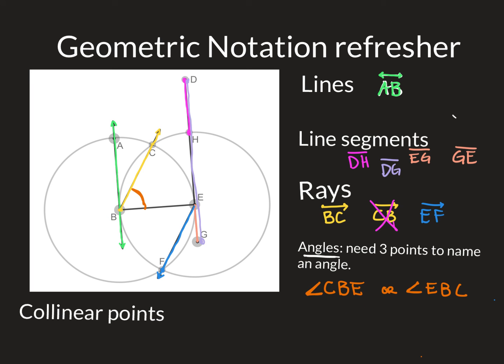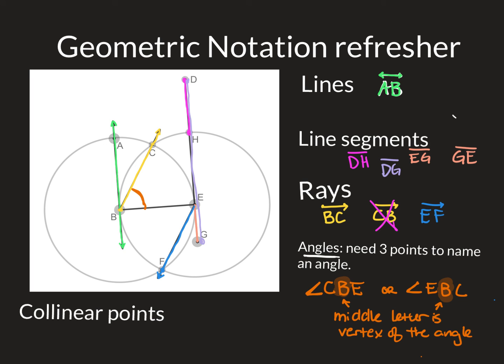You go to the vertex, B, and then you go out the other leg. So like CBE, notice the B is in the center here, and EBC, notice the B is also in the center here. So the B, this middle letter, is always going to be the vertex of the angle. So it's always going to be kind of in there.